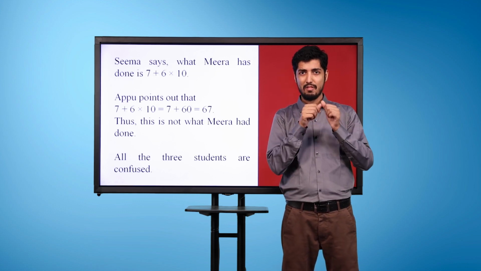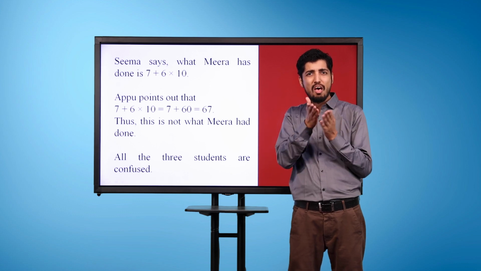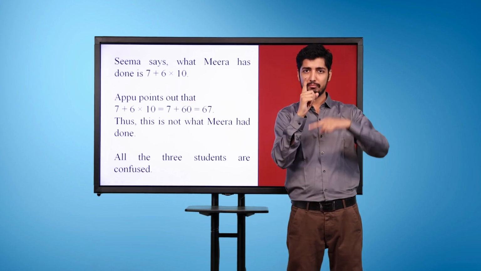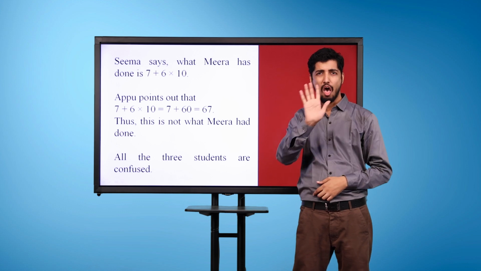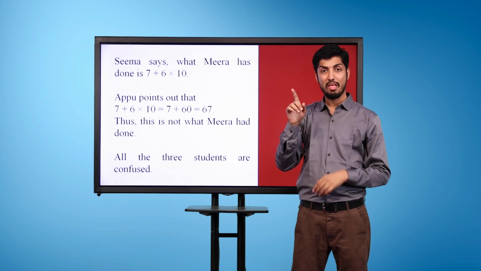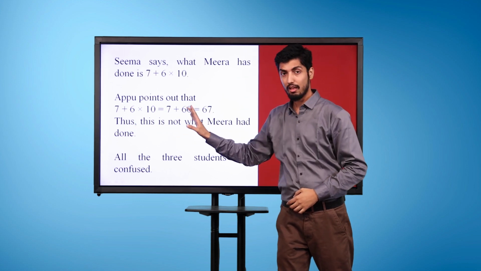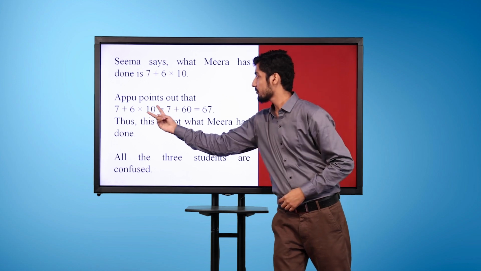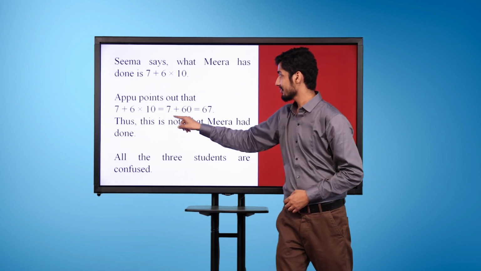Seema says what Meera has done is 7 plus 6 into 10. Appu points out that 7 plus 6 into 10 is equal to 7 plus 60, which is equal to 67. Thus, this is not what Meera had done. All the 3 students are confused.